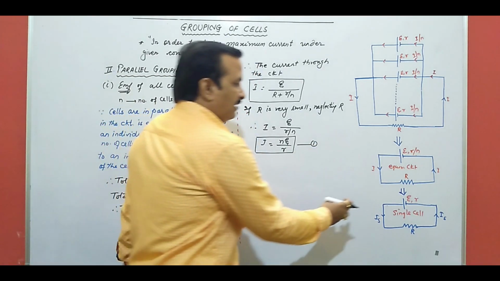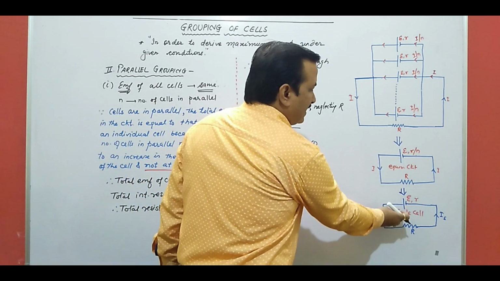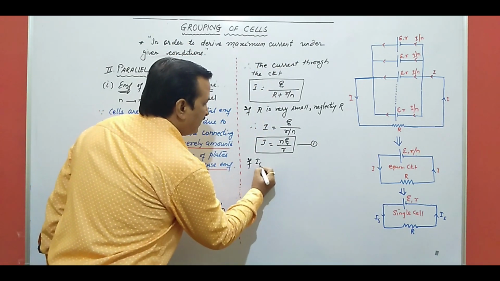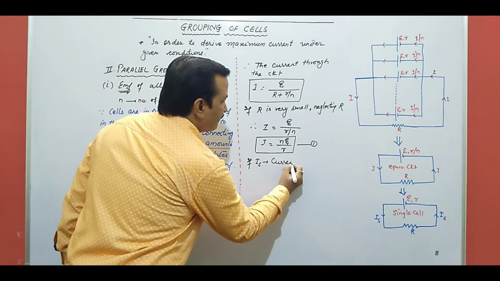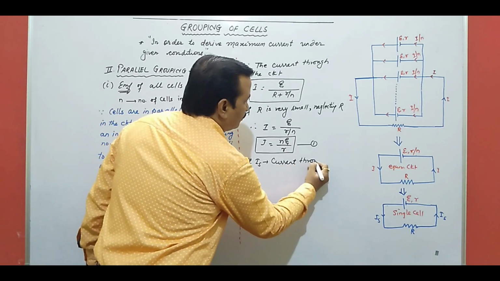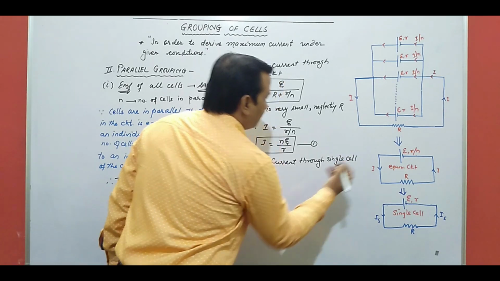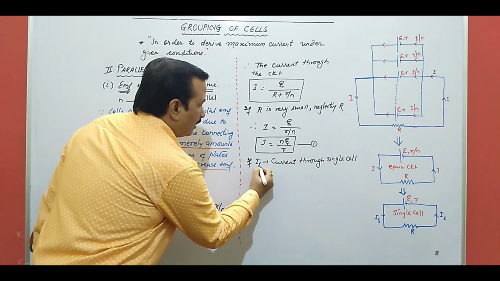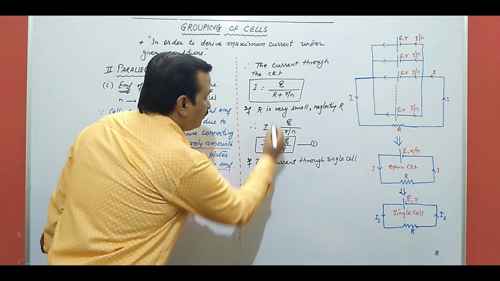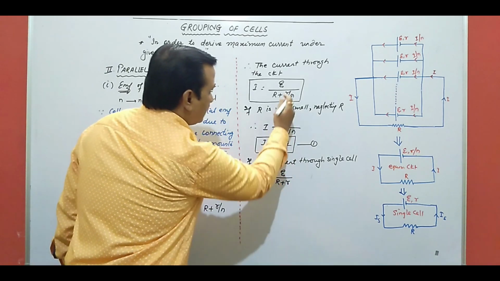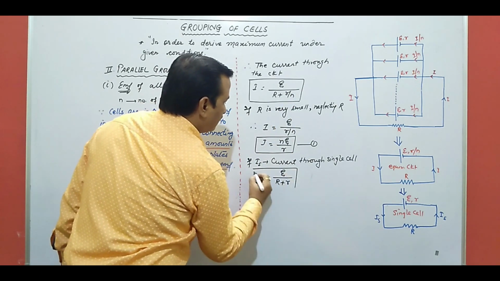Now we will see if we replace this circuit by a single cell, right? If IS is the current through single cell, so I will be equal to, from here, E upon R plus R. This N is equal to 1.